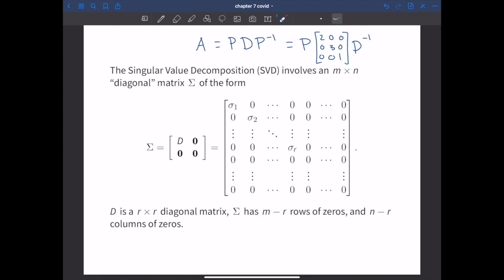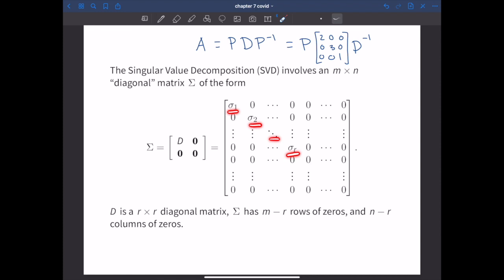Now, the thing to remember is when we were diagonalizing the matrix A, the values that we put along the diagonal were the eigenvalues of A. We're going to do something similar, but because our matrix A doesn't have to be square, it might not have eigenvalues. What we do instead is we put the singular values of the matrix A along the diagonal here, okay?